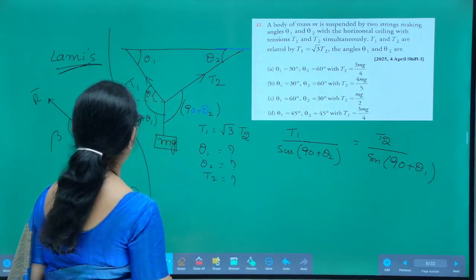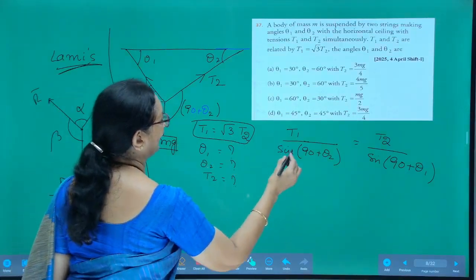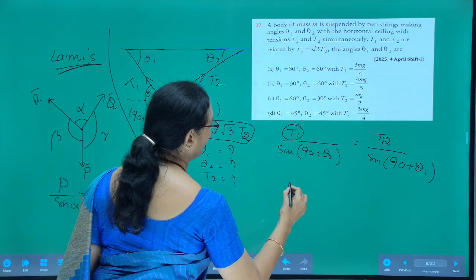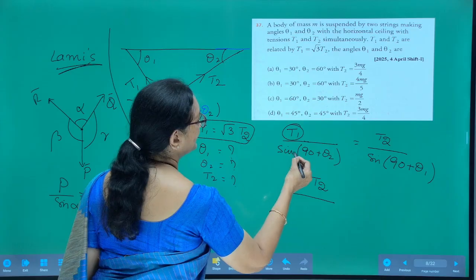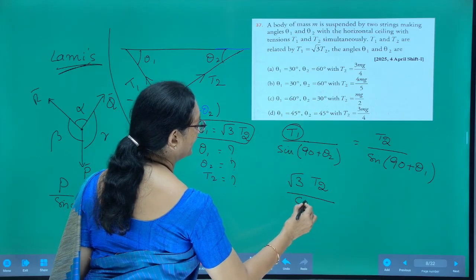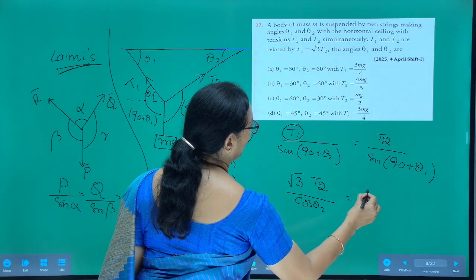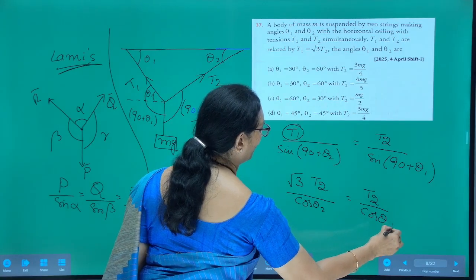Look here, it is given T1 is equal to root 3 T2. Because you need to find out T2, let us replace T1. Root 3 T2 by sin 90 plus theta 2, which is cos theta 2, is equal to T2 by cos theta 1.